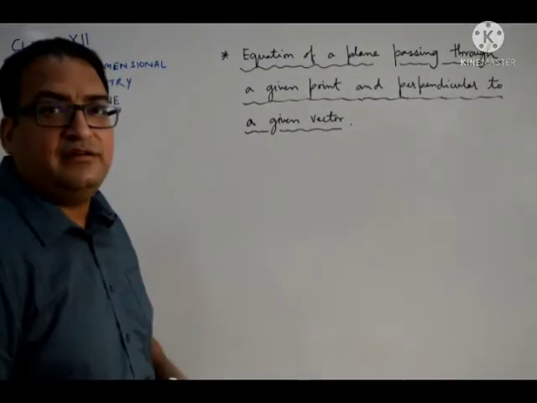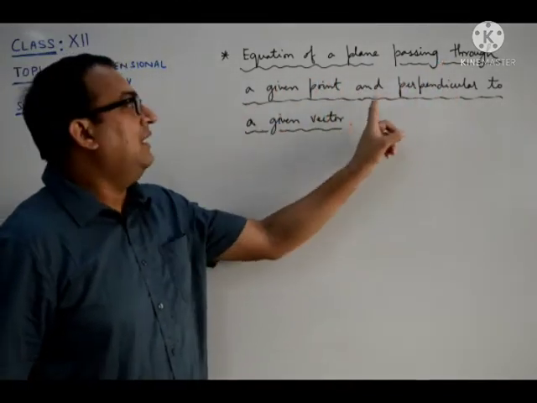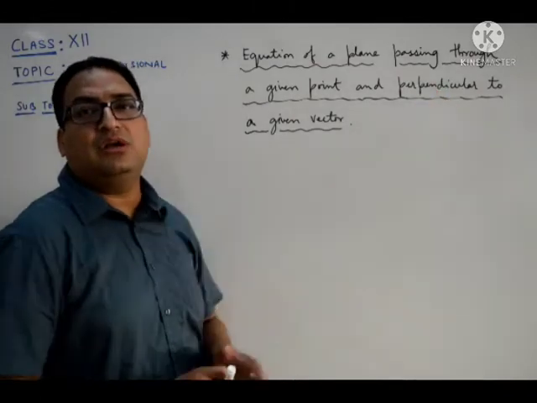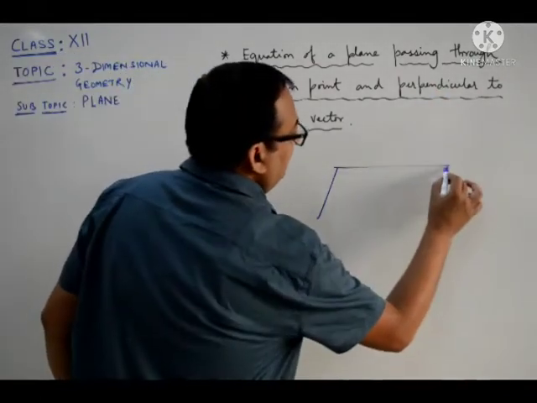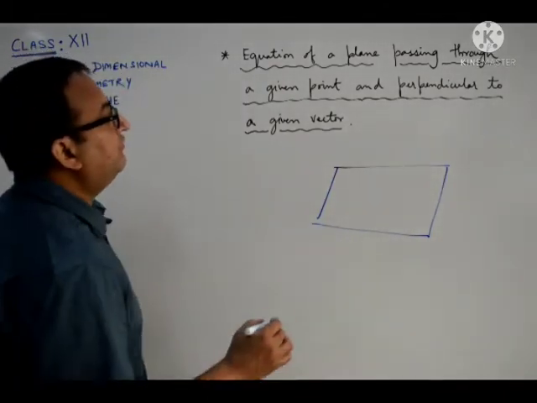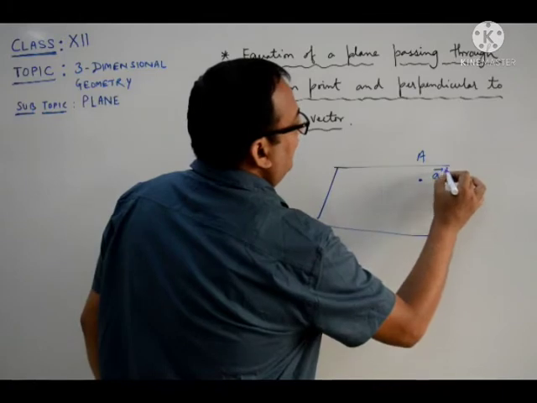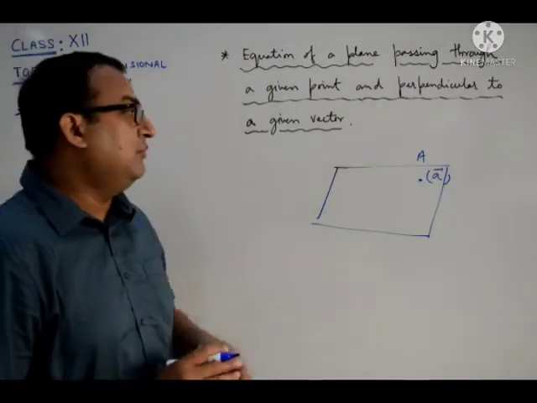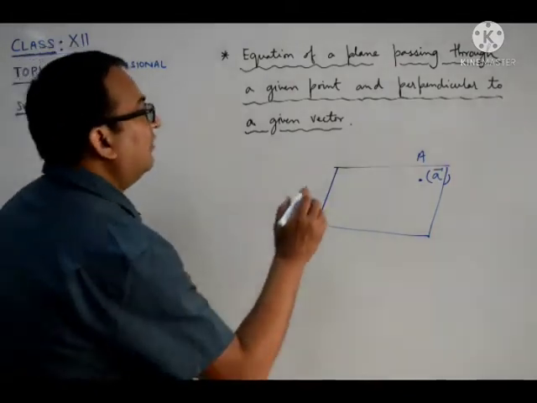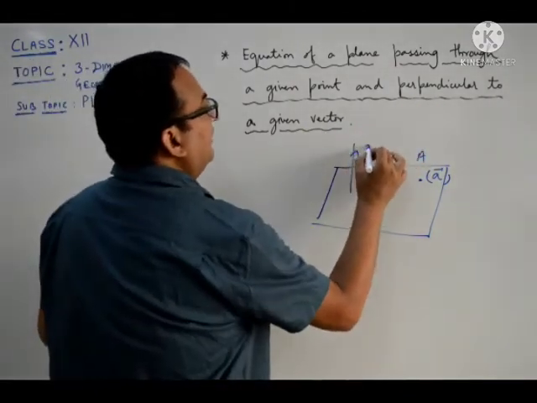So next we have the equation of a plane passing through a given point and perpendicular to a given vector. Say suppose this is a plane which passes through this point, say A, with position vector A vector. So there is a plane which passes through point A, the point is given to us, and also a vector is given which is perpendicular to the plane.